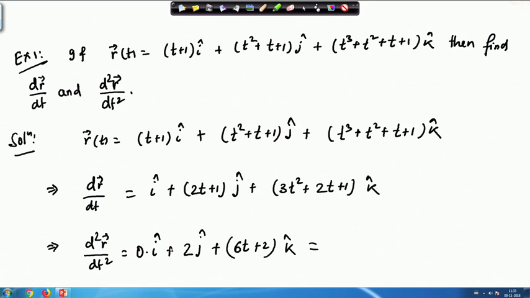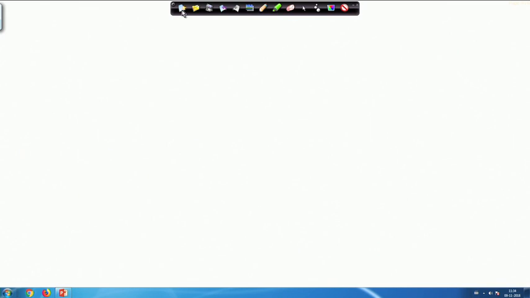Since 0 times i is 0, we will not write that component. Taking 2 common, 2 times (j plus (3t plus 1) times k). So, this is the required answer for d square r by dt square. That is how you calculate the derivative of the given vector function. Let us practice another example.